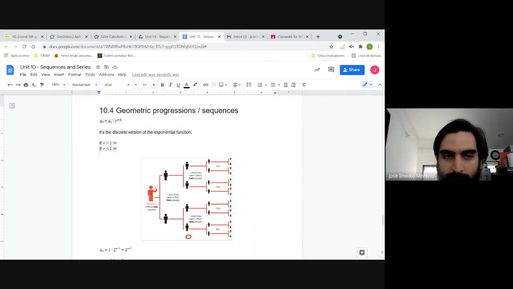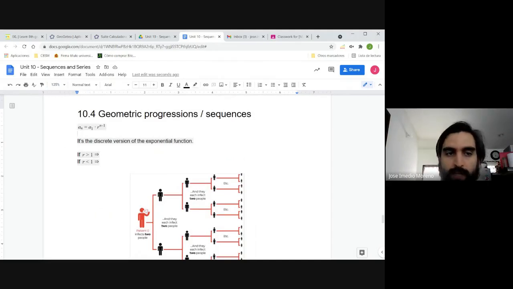This is easy. This is the general form of any geometric progression or sequence. Here, a sub n equals a sub 1 times r raised to the power of n minus 1.